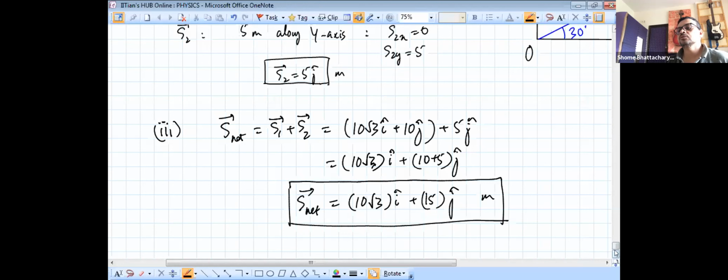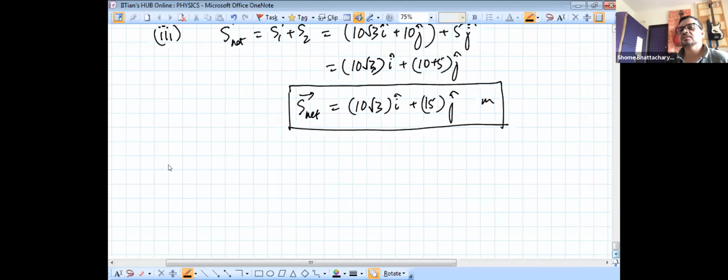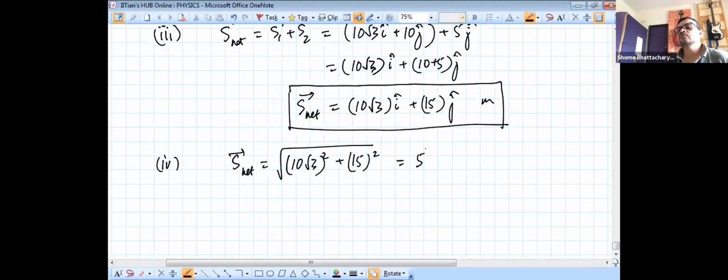and therefore its magnitude, the next thing, just becomes square root of (10 root 3) whole square plus 15 square. So here you can take 5 common. So this will become (2 root 3) whole square plus 3 square.